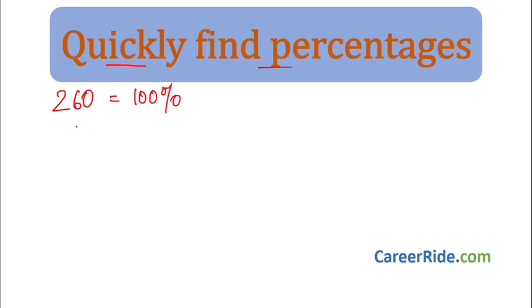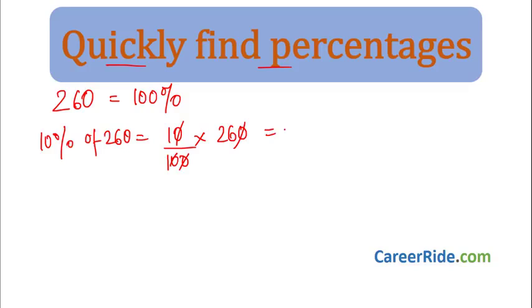Now if someone says give me 10% of 260, so what we'll do? 10% of 260, that would be 10 upon 100 multiplied, of is multiplied, into 260, this gets cancelled, this gets cancelled, you get 26. See, this is easy, but there is another easier method to calculate percentages like 10%, 1%, etc. What is that? Let's see.